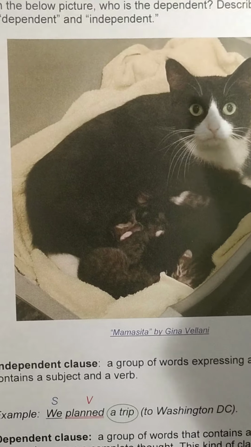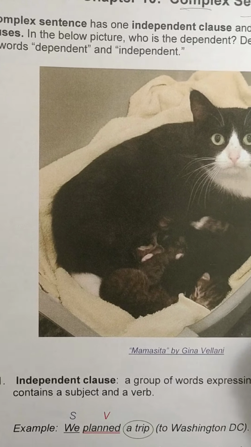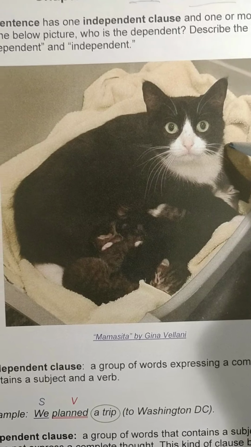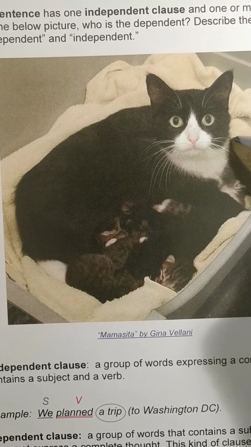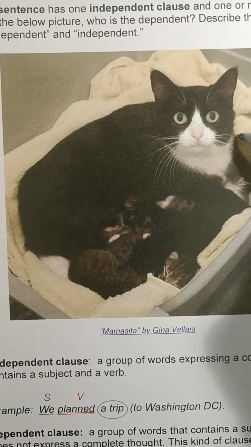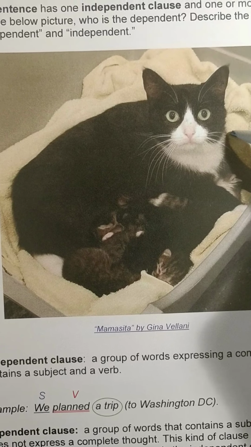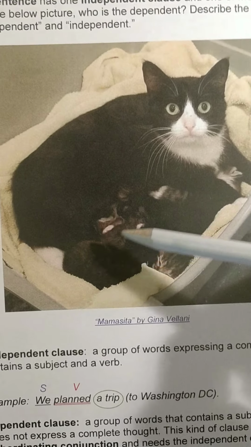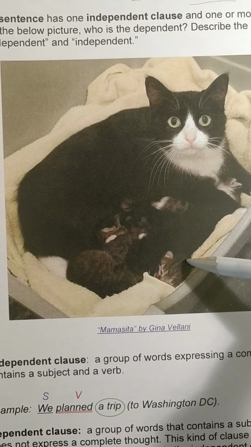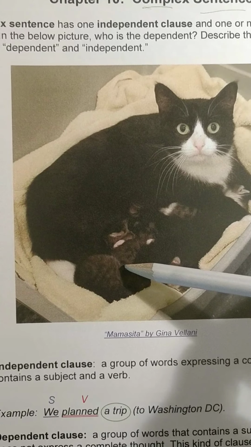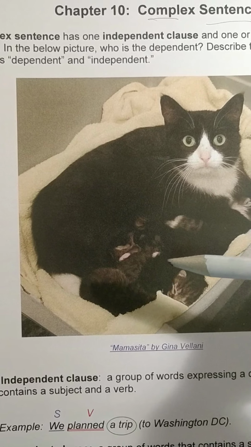Hopefully, you said that the mother cat was the independent. The cat can go around and feed itself and meet its needs by itself. The kittens, however, are brand new kittens and they are dependent on the mother cat for everything.